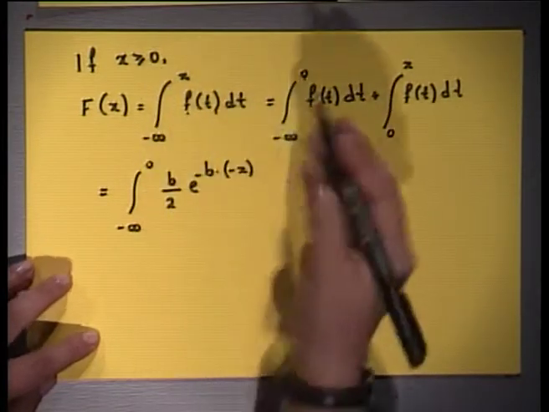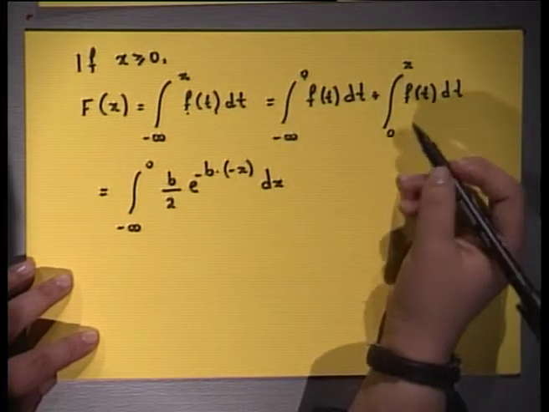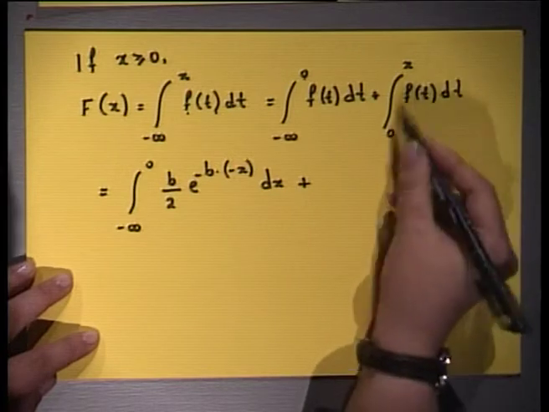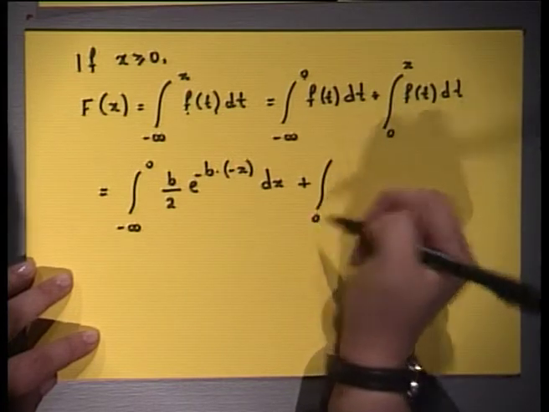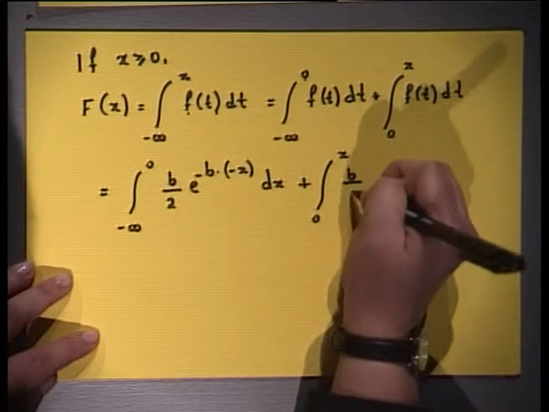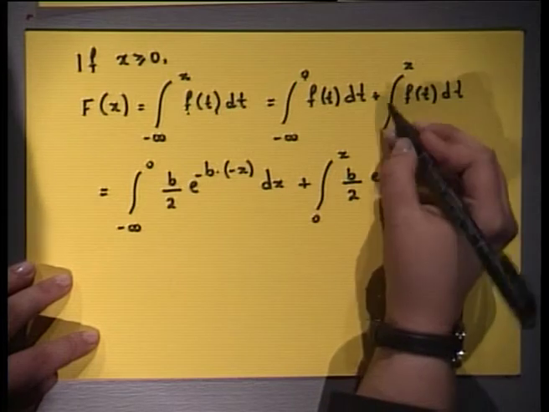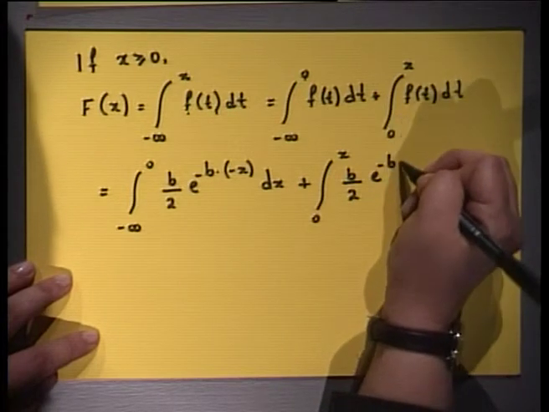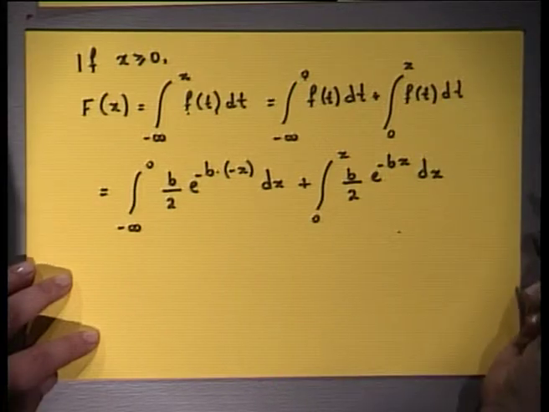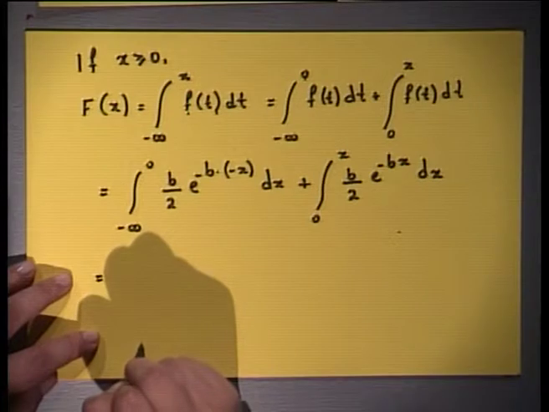It is a negative number, so we also calculate from 0 to x of b over 2 e to the minus b x dx. And we do the calculations.